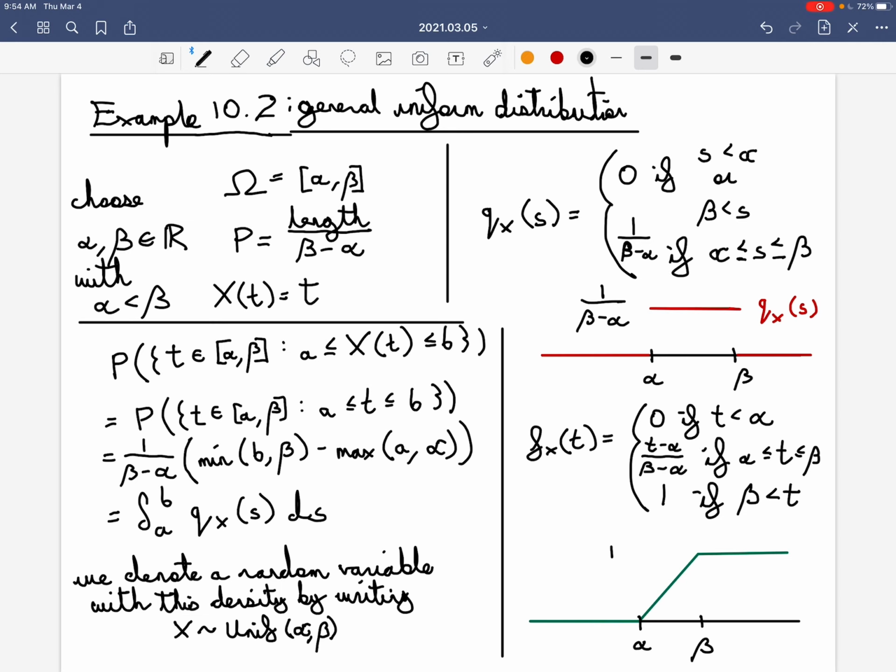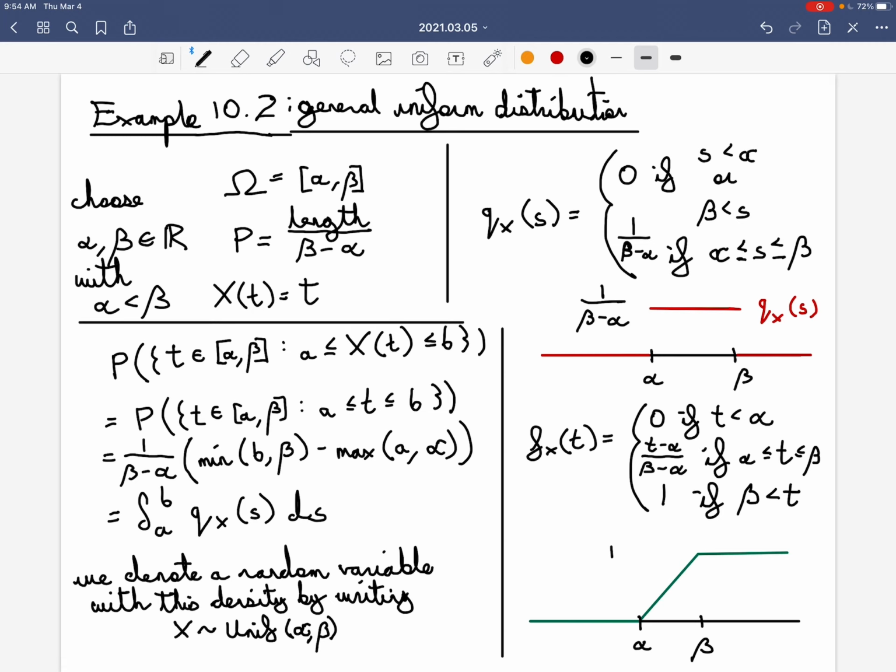So this little tilde symbol we want to read as "is distributed as", so we're saying at the very last line on the left, X is distributed as Uniform(alpha, beta).